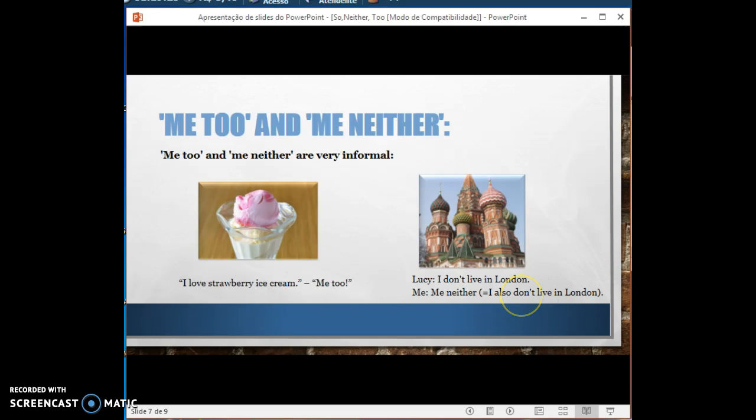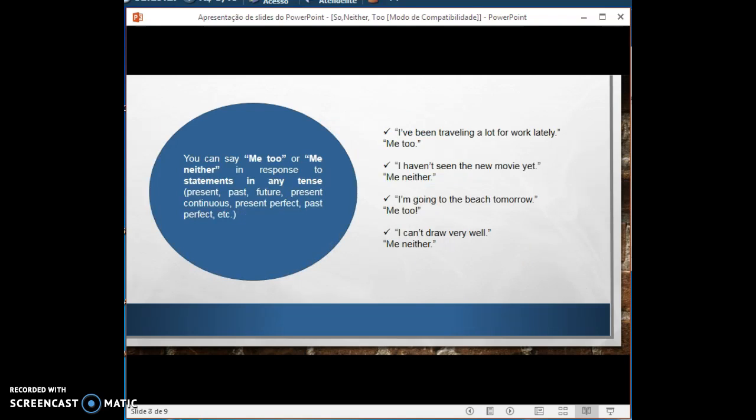In the case of "me too" or "me neither," you can use them in response to statements in any tense. It could be present, past, future, present continuous, present perfect, or past perfect. In these examples, we will see, "I've been traveling a lot for work lately." And I say, "me too." "I haven't seen the new movie yet." "Me neither."